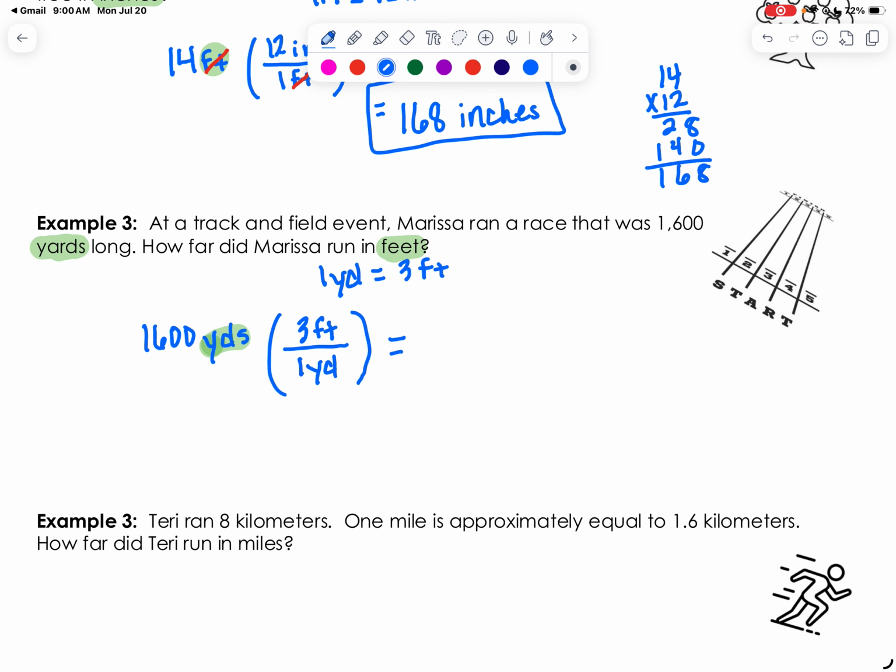Now when I multiply that, the yards would cancel with my yards, and I would be left with 1,600 times 3 feet. Well, I know that 16 times 3 is 48, so 1,600 times 3 would be 4,800 feet.